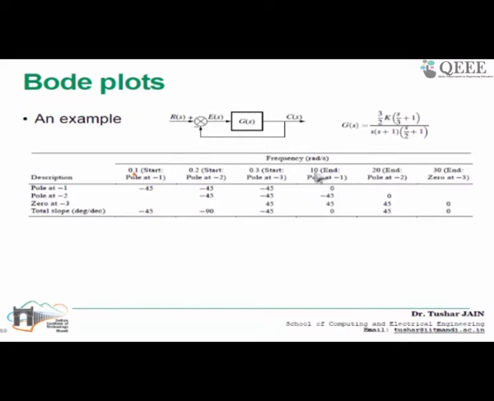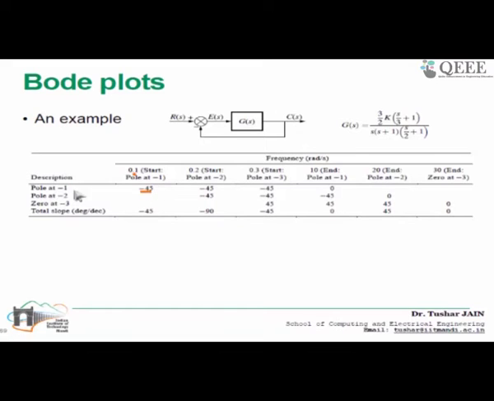So we start at 0.1 up to 10, 0.2 up to 20, 0.3 up to 30. And I know that whatever the location of the pole or zero, it will contribute 45 degrees: minus 45 if it's a pole, plus 45 if it's a zero.